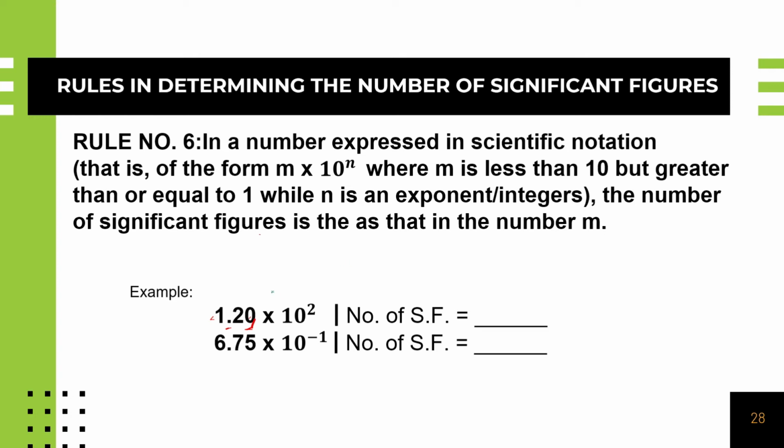This is an example of scientific notation. So, in reading significant figures, hindi nyo na ito papansinin, yung x 10 raised to 2 or negative 1. Okay, ang titignan nyo na lang is the number of significant figures ng dalawang to. So we have 3 sa unahan, then 6.75, that includes 3 also.